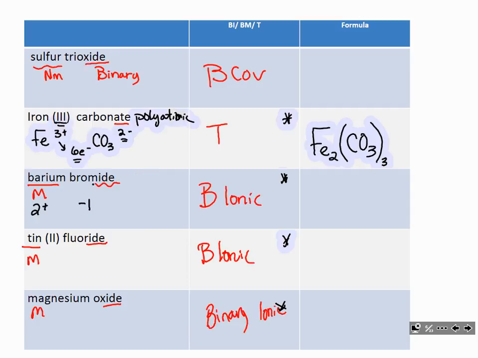We know that the number of electrons transferred must equal each other, and now they don't. The barium's losing 2 and the bromine's gaining 1. So the common factor here is 2. The subscripts come from the number of ions we need to make that compound electrically neutral.